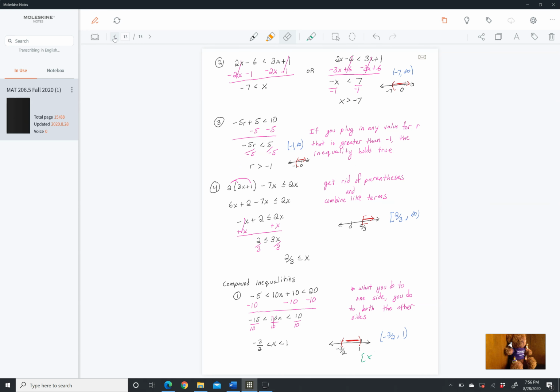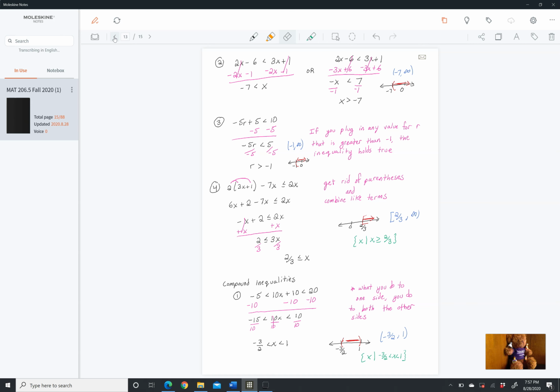X such that -3/2 less than x less than 1. X such that, you can write it as x is greater than or equal to 2/3. Get into the habit of writing the x first. It's just a good idea.